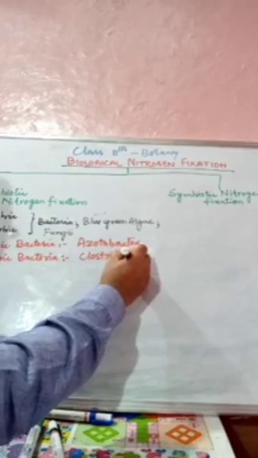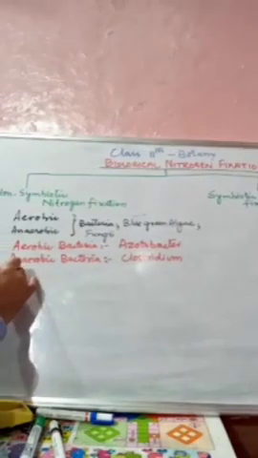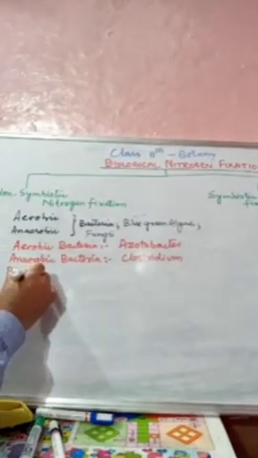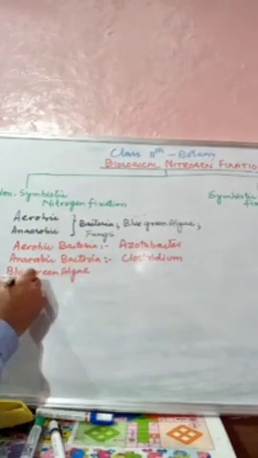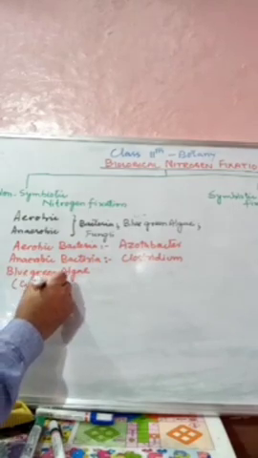It is shown by Clostridium. Then we have blue-green algae, which we can also call cyanobacteria.